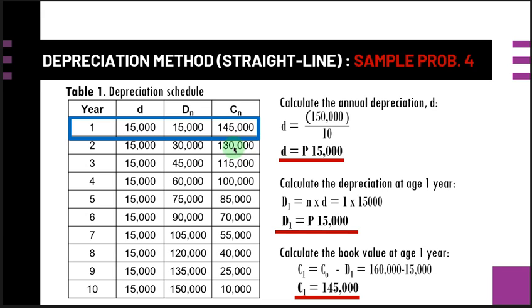The same procedure you will do for the succeeding years, but you only need to consider that the value of n varies every year. If you consider year 3, n is 3, until the 10th year, where your n is 10.